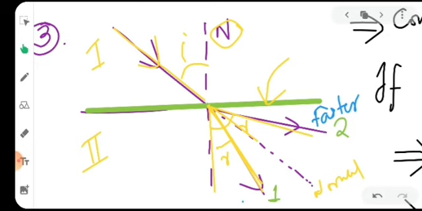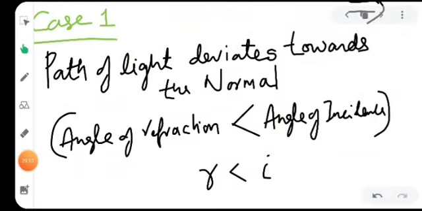So the case that we are studying shows that the angle of refraction is less than the angle of incidence because the path deviates towards the normal. So when does this happen?